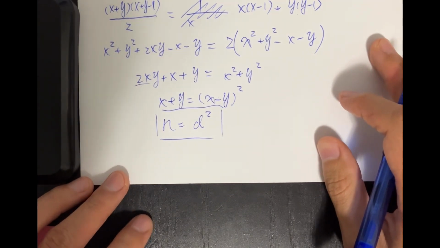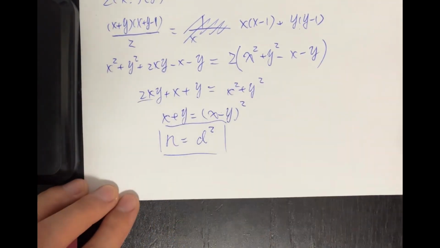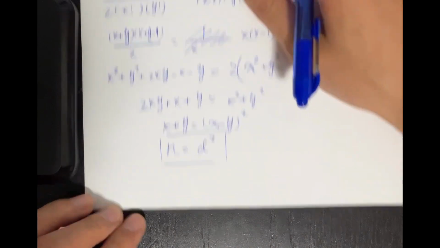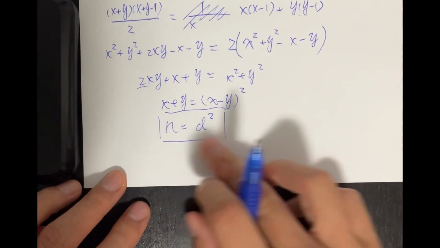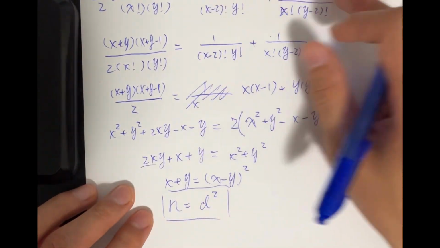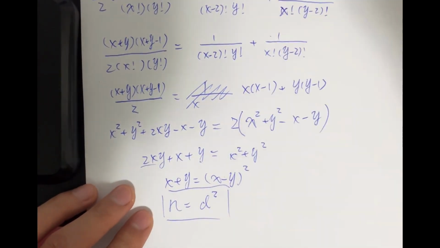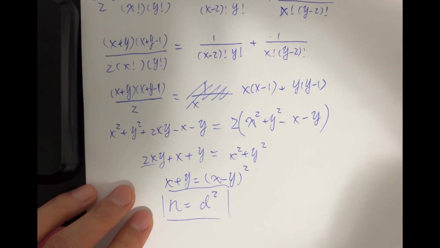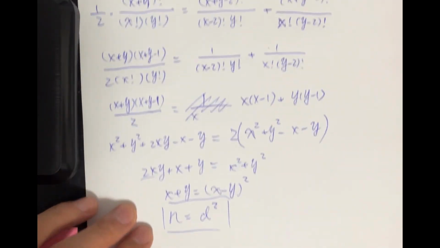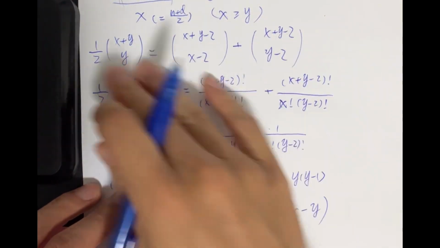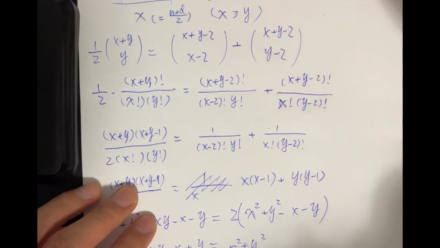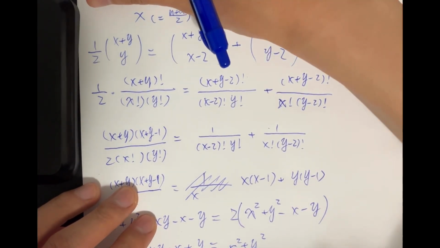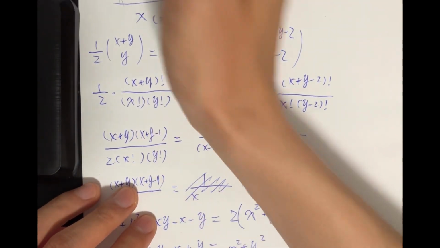N is d squared. If n is d squared, and we can go all the way back, this identity would be true. In most cases, because to derive something like this, we used a kind of recursive way. We have to delete the top row, the bottom row, or maybe the left column and the right column.